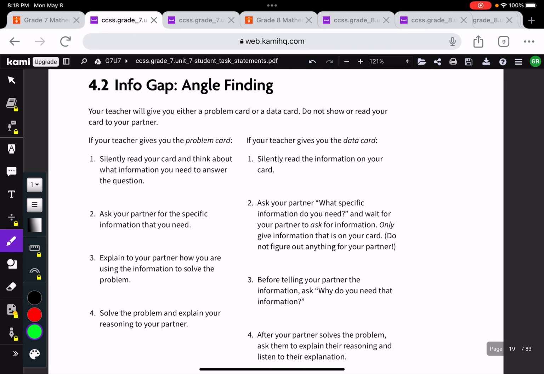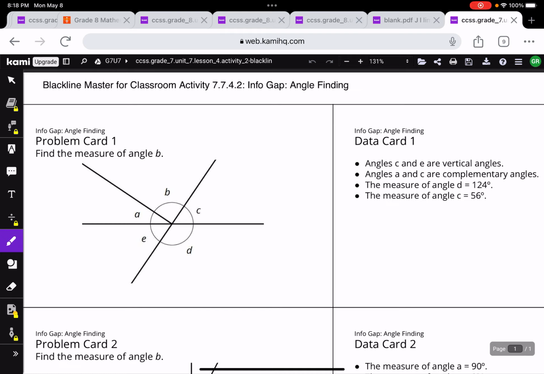You're supposed to have one card and your partner is supposed to have the other, and if all things play out well, you will do this activity, but I'm going to go ahead and do this one in case all doesn't go well and we need to just do this on our own. And it's actually not a bad idea because if I'm giving you what I have right now, you're not given the answer. So let's go ahead and figure it out.